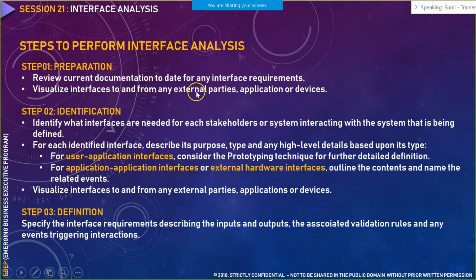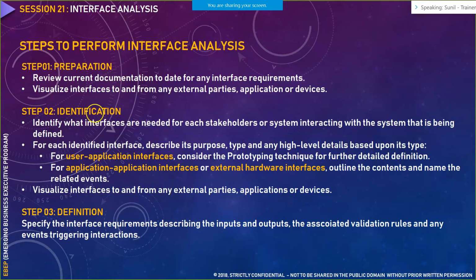You have identified the objects or entities who would be interacting with the system. What are the interfaces wherein these entities would interact? What is the content or the messages used for interaction, like what information you would be sending and receiving, the request and response, and the related events, like what event would trigger this particular action?